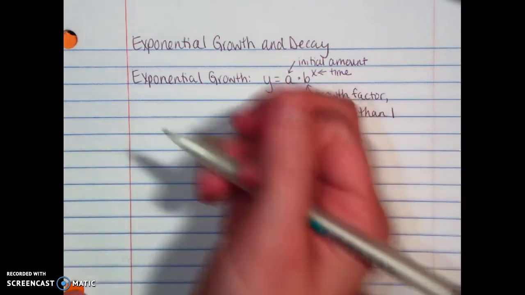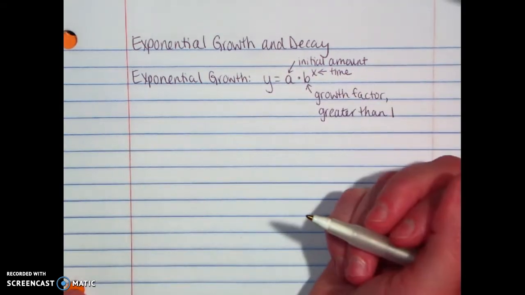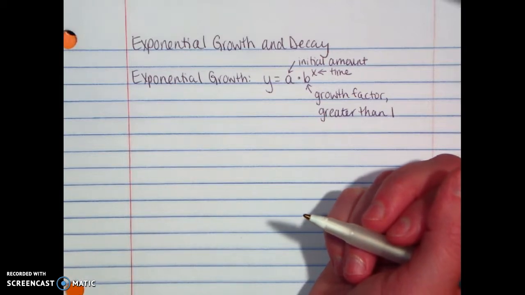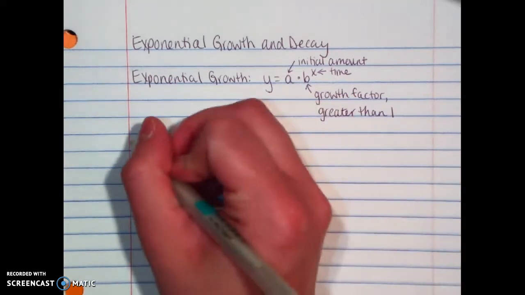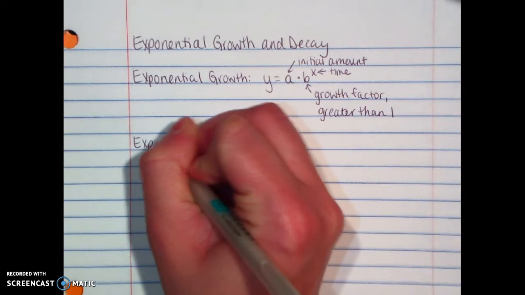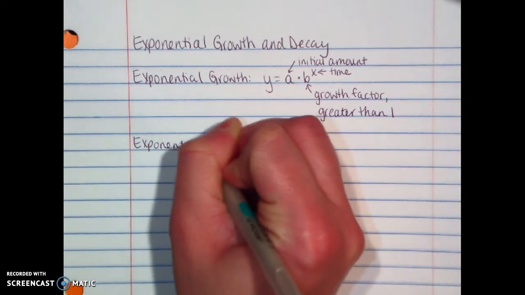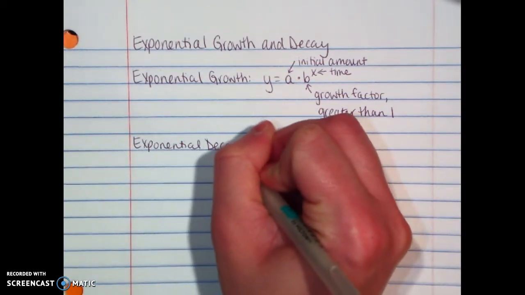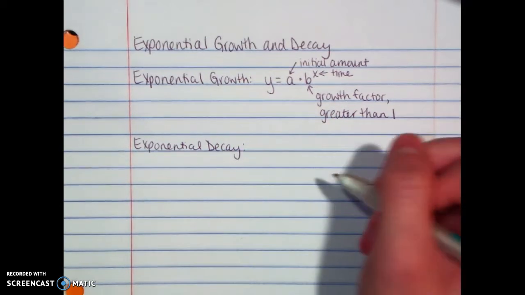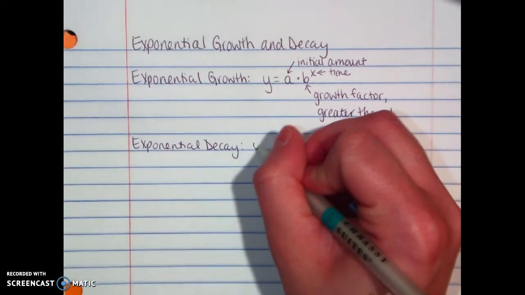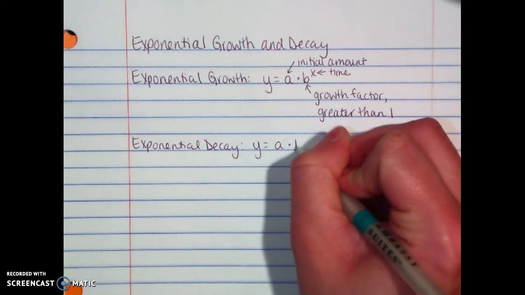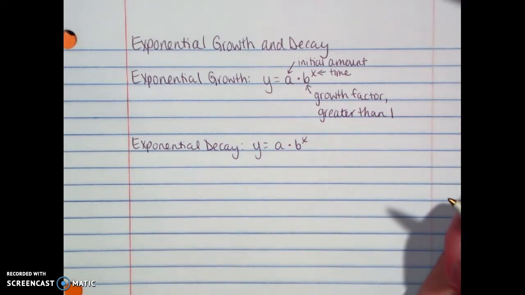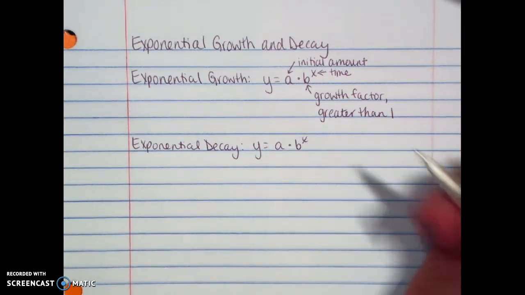Okay, and you'll see exponential decay is very similar to exponential growth. So exponential decay, and it's the same formula, y equals a times b to the x. A is still the initial amount.